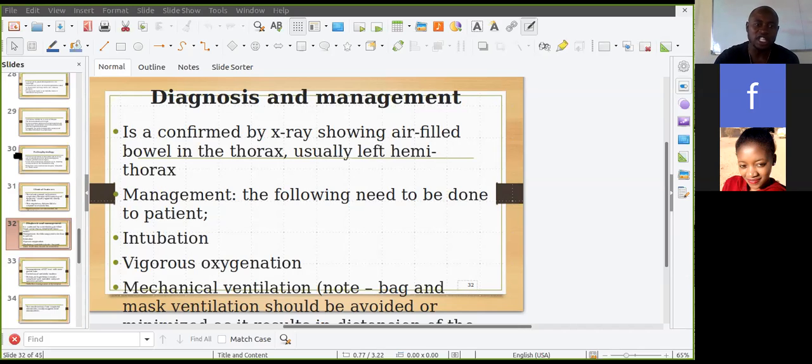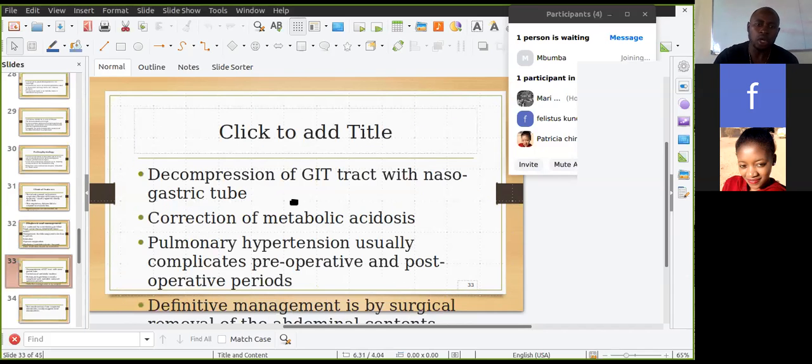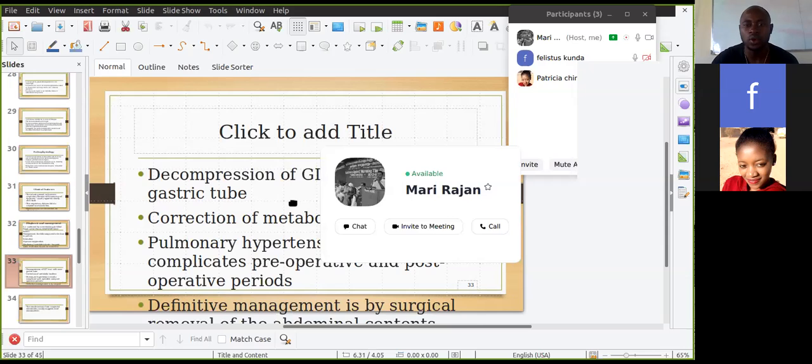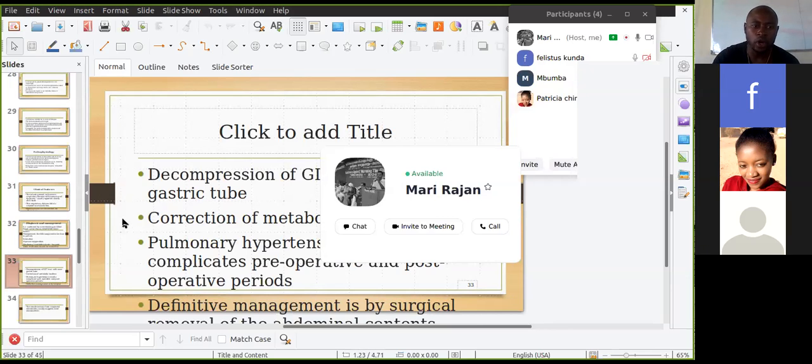But in patients with hernia, we avoid mask ventilation. We also continue with decompression of the GIT tract with a nasogastric tube. Also, we control pulmonary hypertension before operation. But most of all, the definitive management here is surgery.